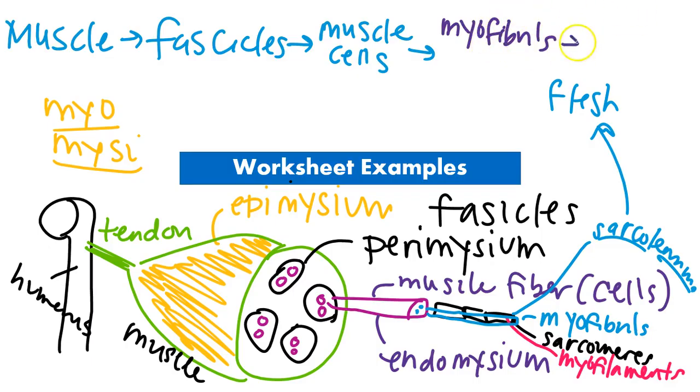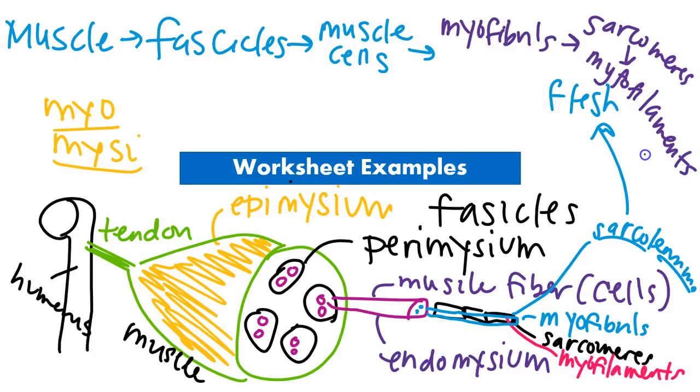And those myofibrils are made up of sarcomeres. And these sarcomeres have very specific proteins called myofilaments that help us contract our muscle. So we have this in mind. Now let's get into it.